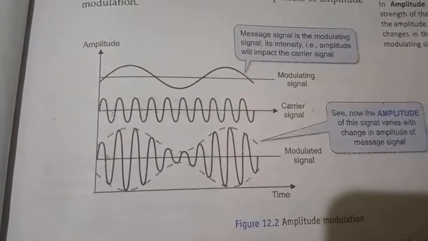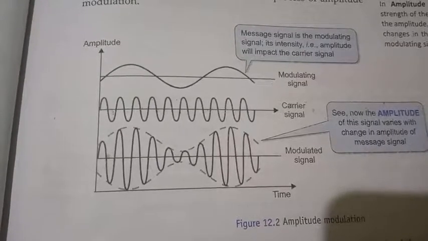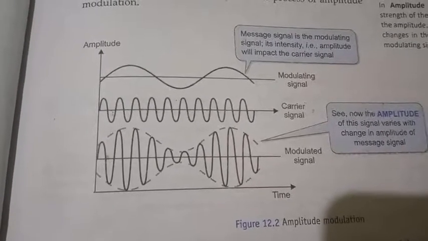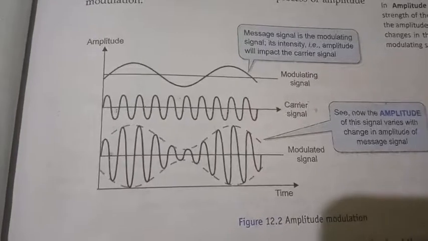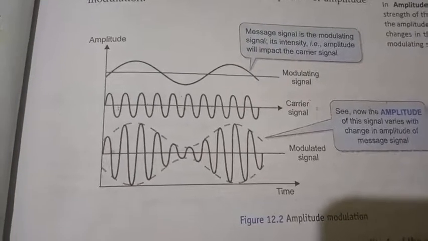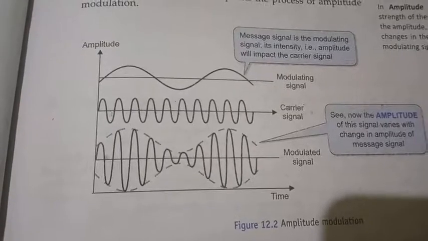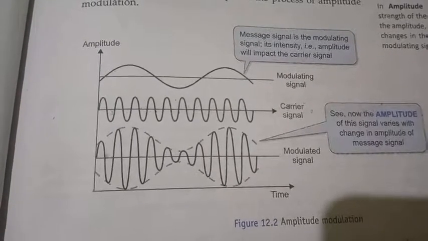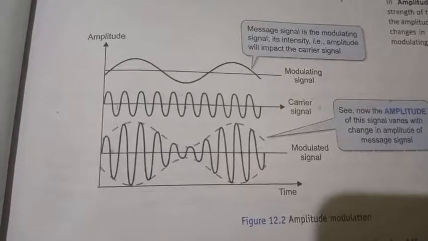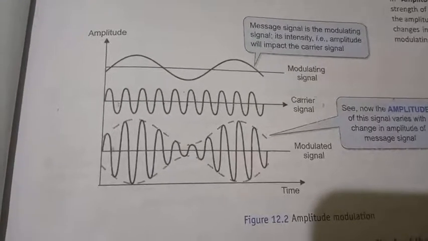So the amplitude of the carrier wave is increased according to the amplitude of the modulating signal. If the amplitude of the modulating signal is high, then the amplitude of the carrier wave is also high in the modulated signal. This is the simplest way.